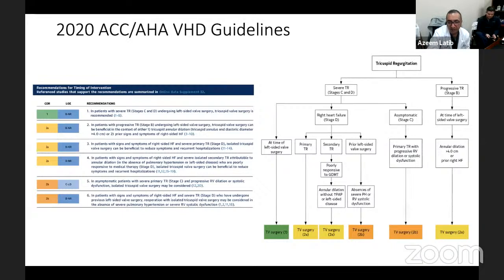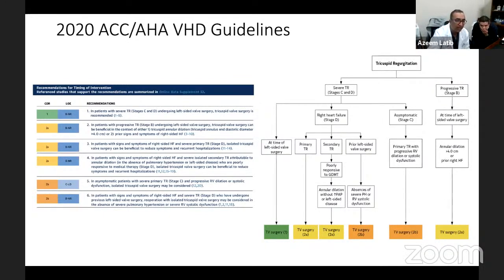If you've had prior left-sided surgery, and now you have isolated TR, you actually only have a class 2B indication. Interestingly, this is probably the largest group of patients that I see, these patients who previously had left-sided surgery and now have severe TR.